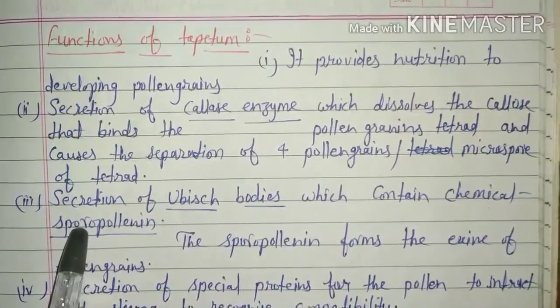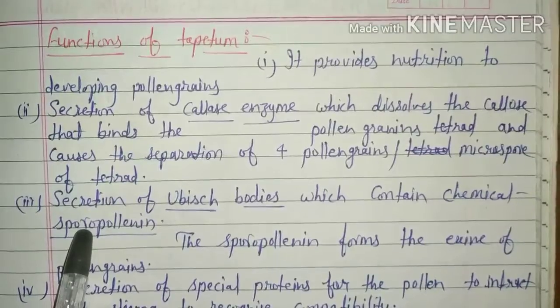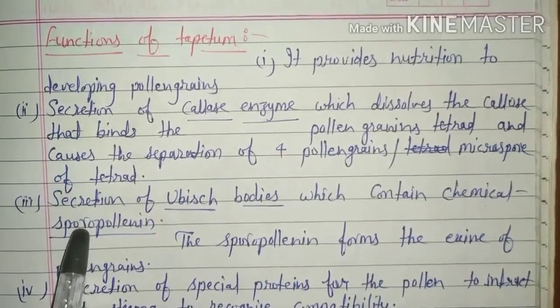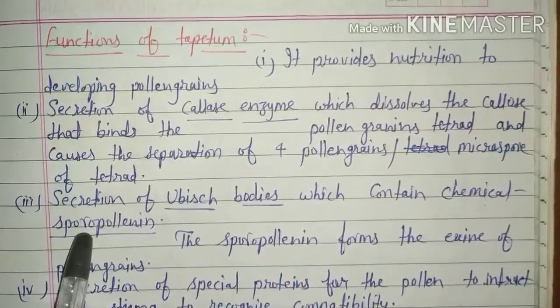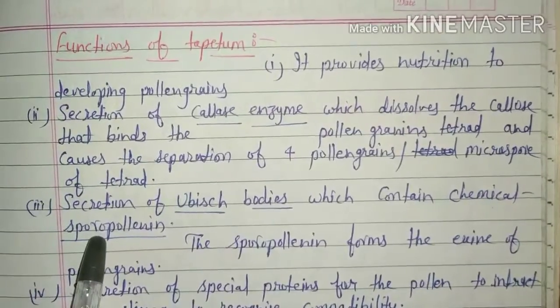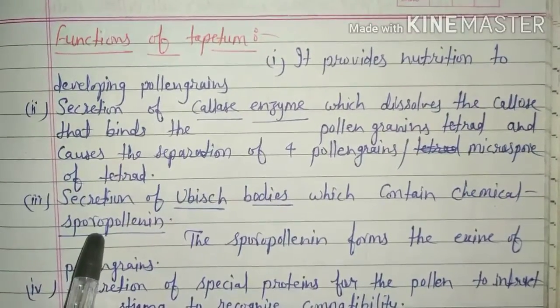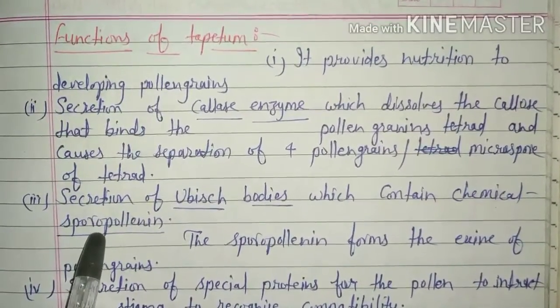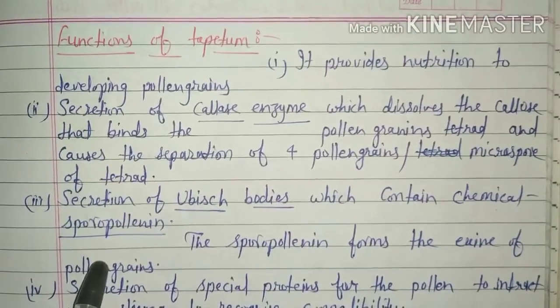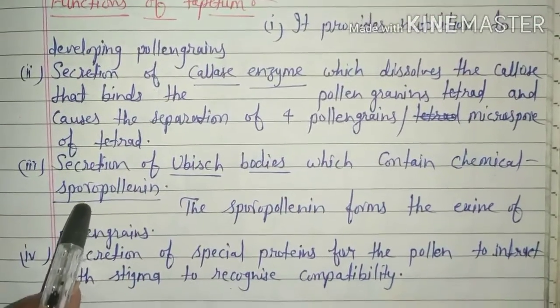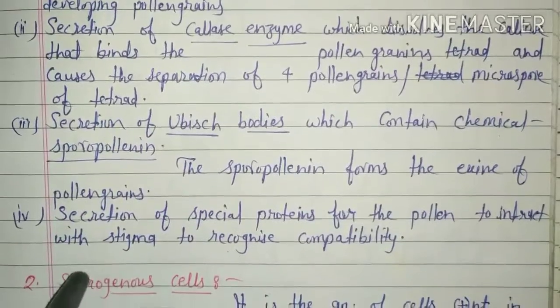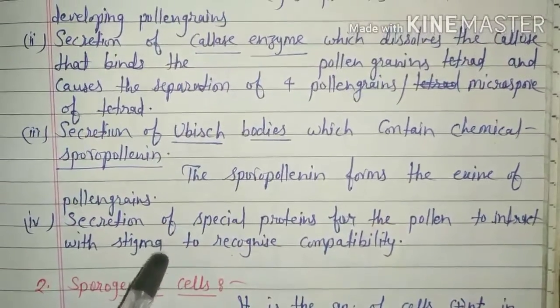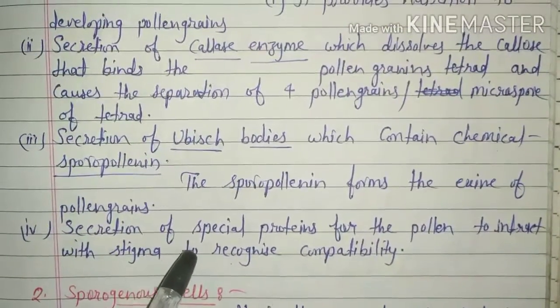So, development of pollen grains or microspores depends on the tapetum layer. If we remove the tapetum layer before the maturity of pollen grains, then all forming pollen grains or microspores are sterile.